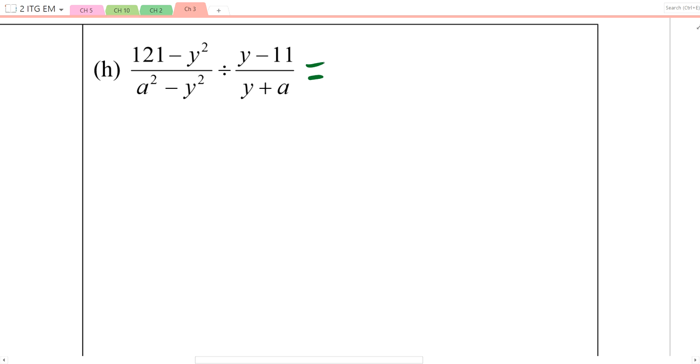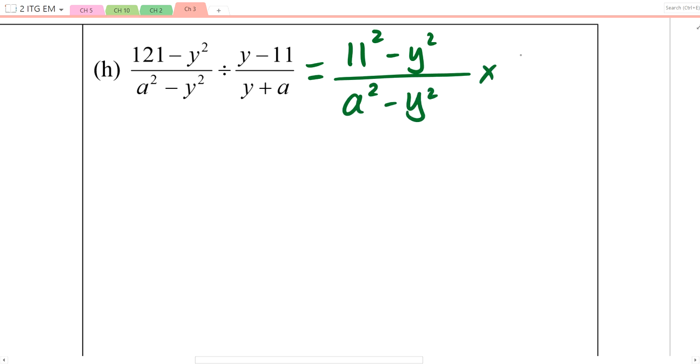When I see 121, I know they are trying to get me to change it to 11 square. Yes, 11 square minus y square divided by a square minus y square multiplied by y plus a over y minus 11.